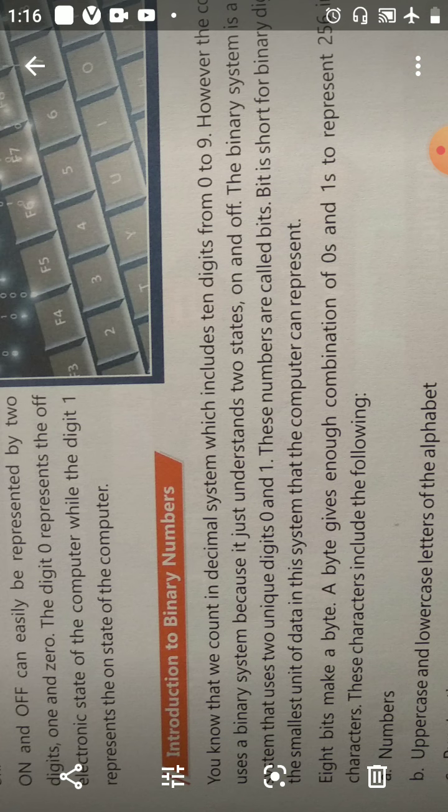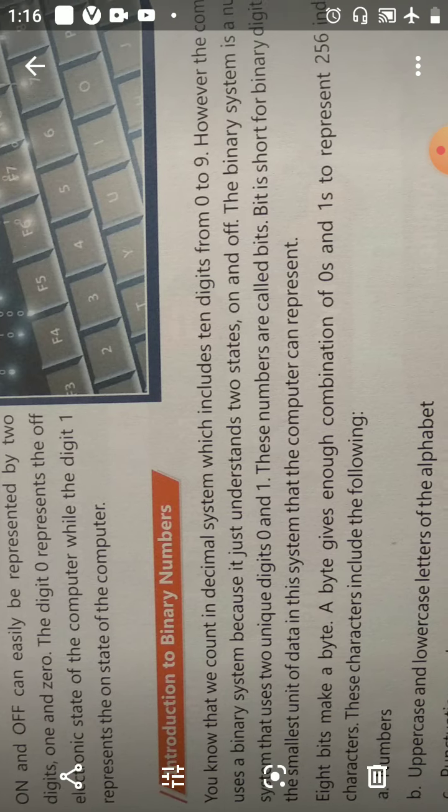So our normal number system, what we use in maths, is the decimal number system. Decimal means total 10 digits from 0 to 9. The numbers which are formed by using the digits 0 to 9 are called decimal numbers.